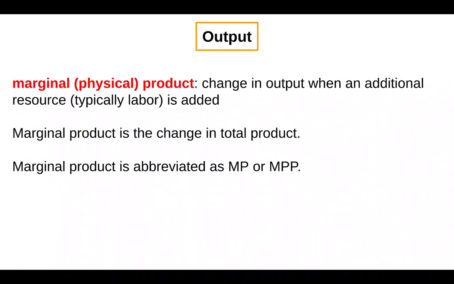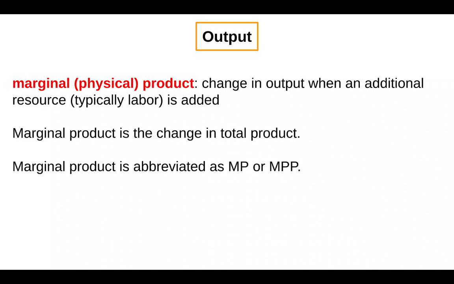So for marginal product or marginal physical product, again, we're going to introduce that word marginal. We've talked about this word already. Remember, we talked about marginal utility, marginal benefit, marginal cost. It's coming back again here. And it is the change in output when an additional resource, typically labor, is added.